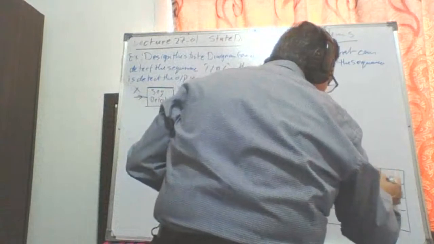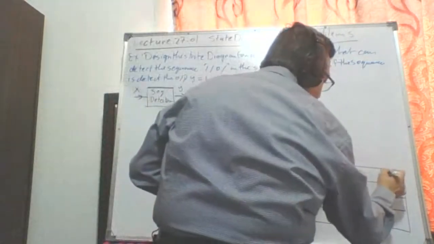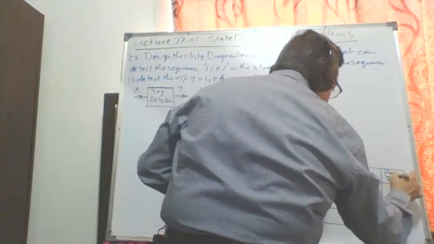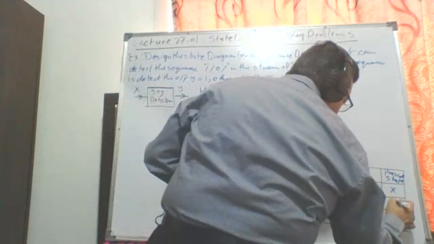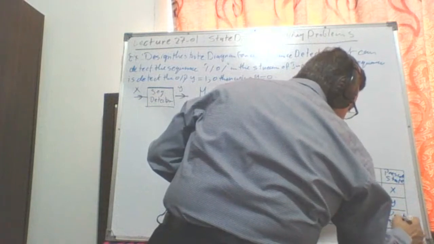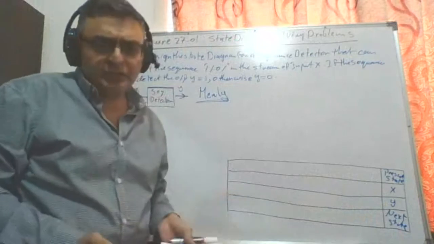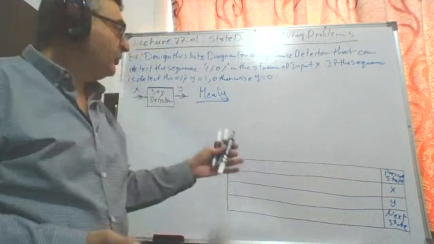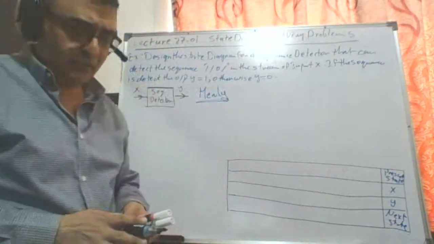So here I'm showing the present state, and here I have the input X, the output Y, and here I will show the next state. As we did for the other example, this is another example where the exploratory technique is very useful to solve the problem.